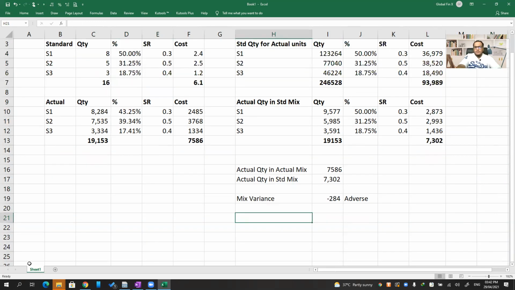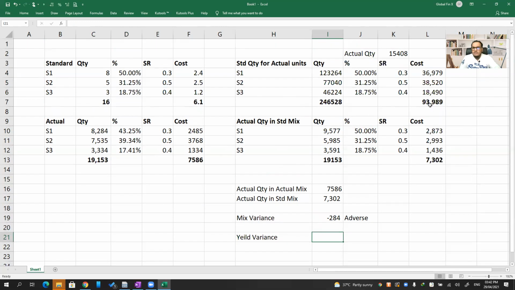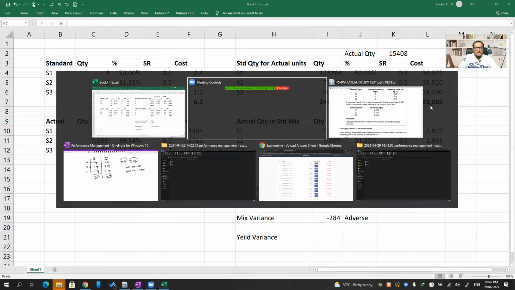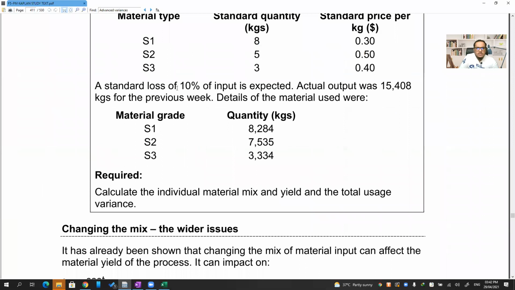Okay, so my yield variance is nothing but the difference between, oh, why am I getting 93,000? Is that wrong or what? Is there something wrong here? Actual output was 15,408 kgs for the previous week.